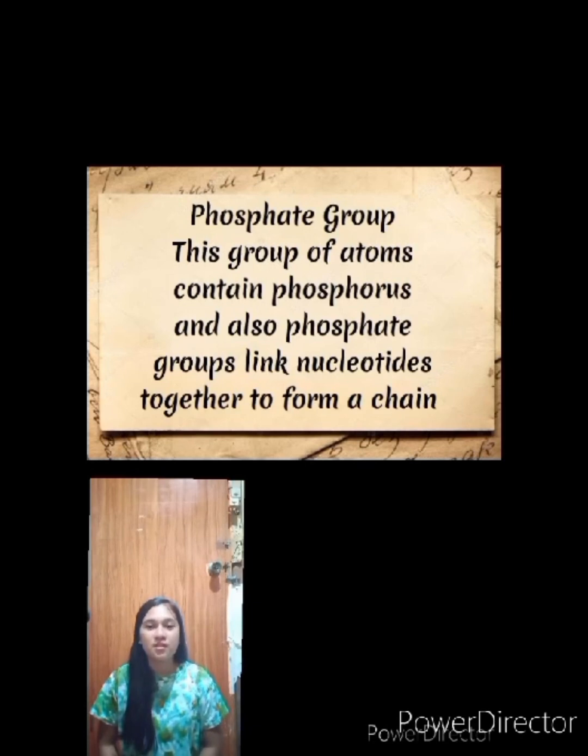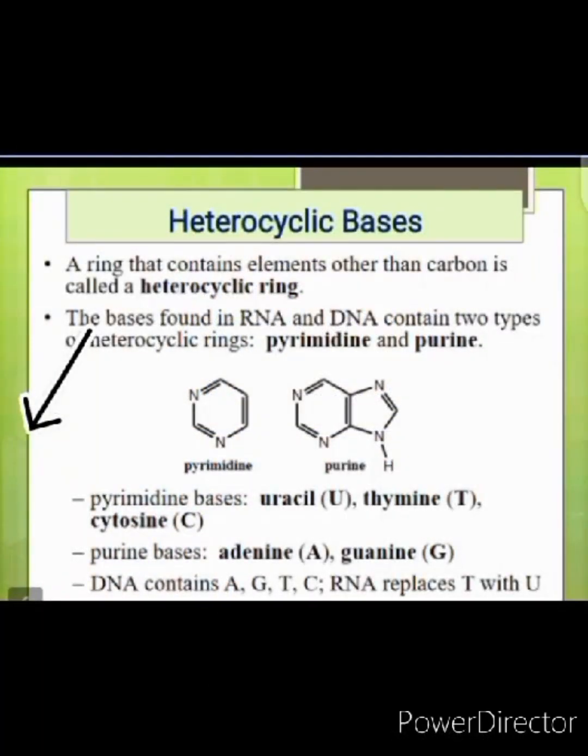And the third is the phosphate group. This group of atoms contains phosphorus and phosphate, and links nucleotides together to form a chain. A ring that contains elements other than carbon is called a heterocyclic ring.